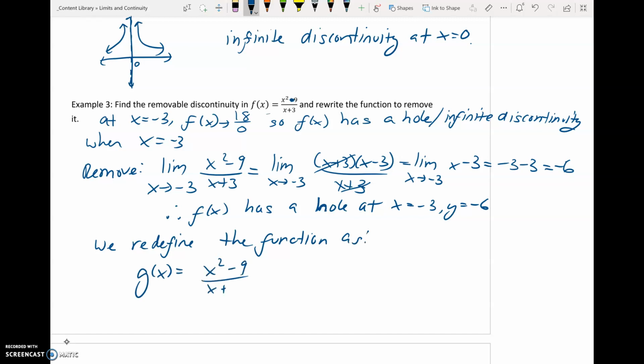So we'll include f of x where x can't be -3 because that was our hole area. And we're going to replace it with the point -6 at x equals -3. So once we include this point, it fills in the hole, and then now this is a function without a discontinuity.